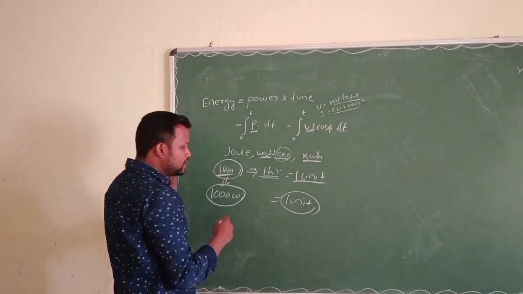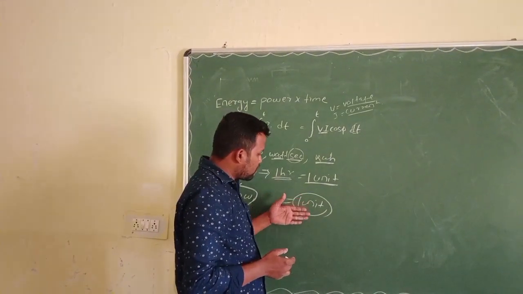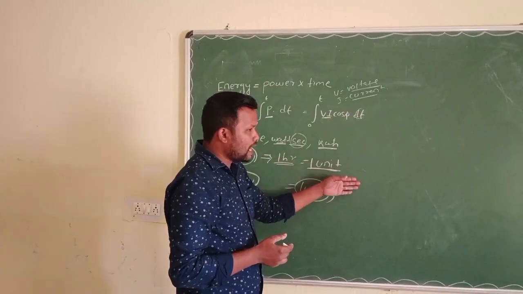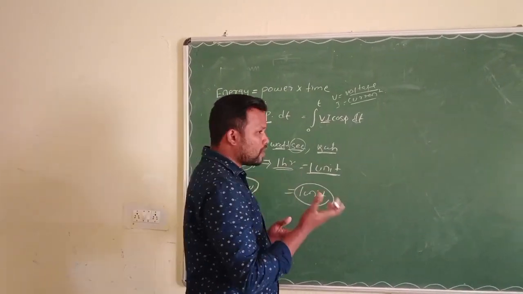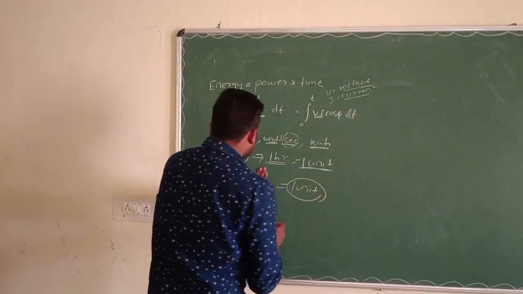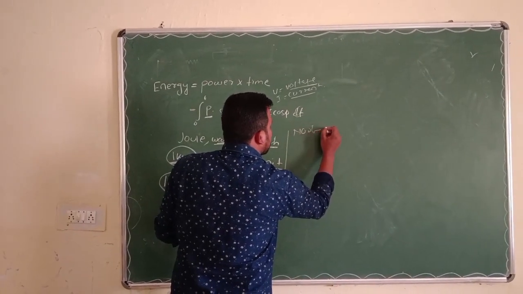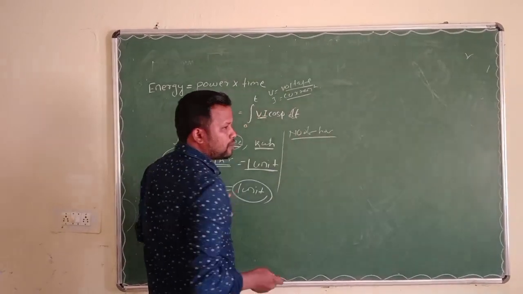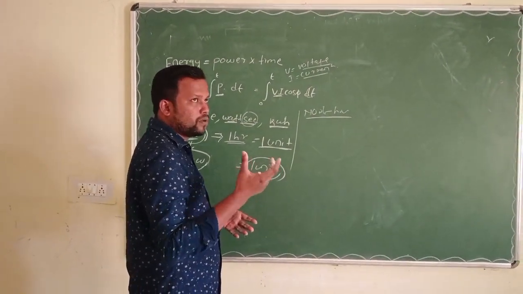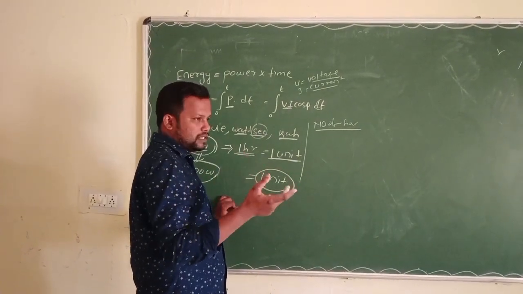If the number of units increases, it means that the number of hours of consumption is increased, or we use more loads like fans, tube lights or TV.